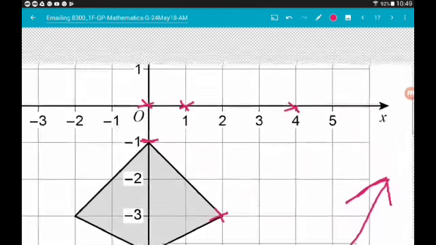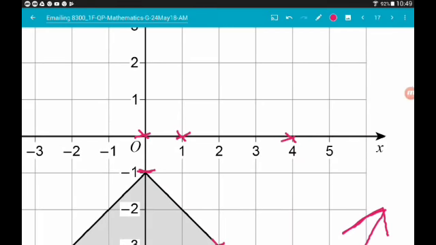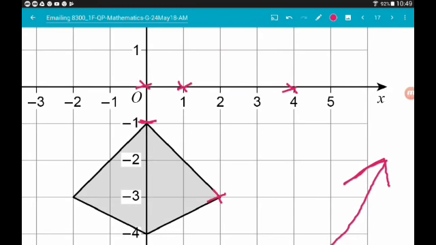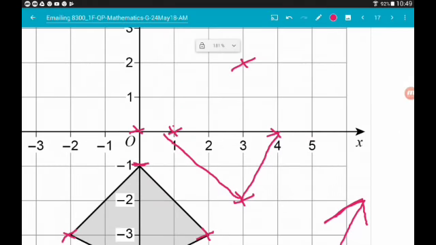So this point is going to be at 3, 2, and the other point is going to be at 3, minus 2. Again, use a ruler to join it up, but that is our rough shape.